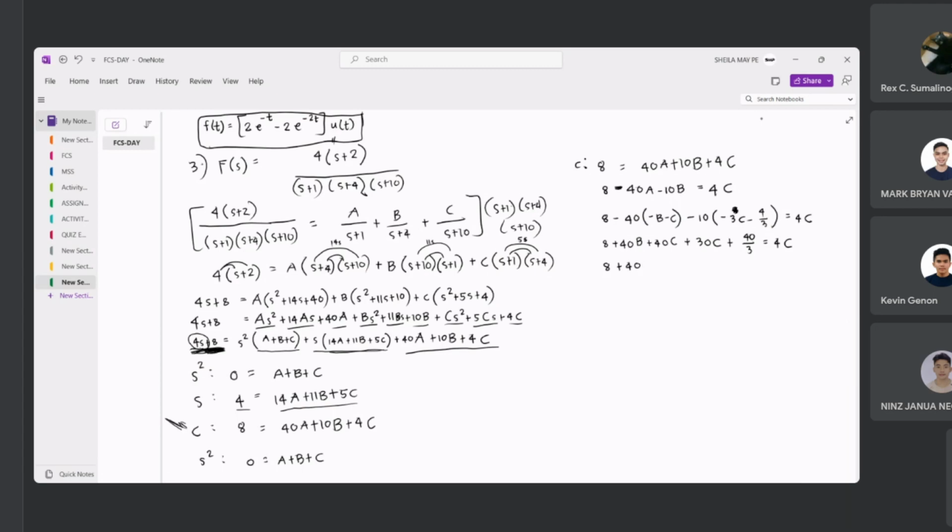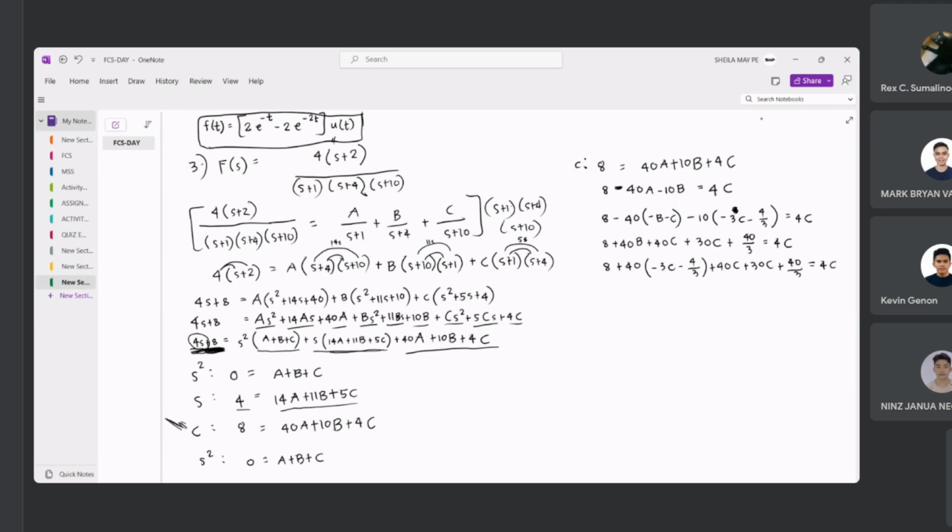Not yet substituted, class. B's equation is negative 3C minus 4 thirds. Okay, only C should remain, class. Okay, plus 40C plus 30C plus 40 over 3 equal to 4C.